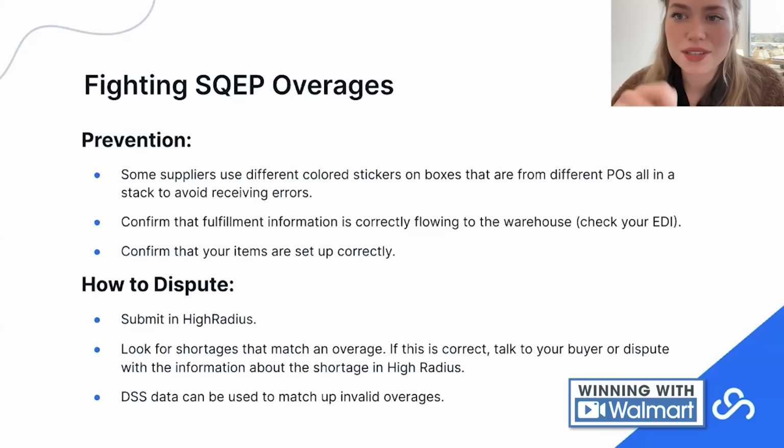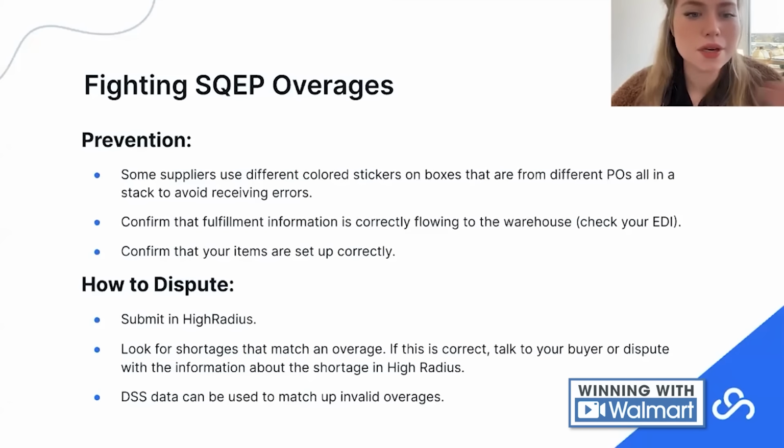That's a good thing to at least knock off your list of troubleshooting what you're experiencing. And then confirm that your items are set up correctly. This is one that I feel like hits suppliers the hardest, is your items are not set up correctly in Item 360. So go and check that out. Make sure that you have the right pack size, make sure that you have the right quantity in for everything, because this can really hurt you.